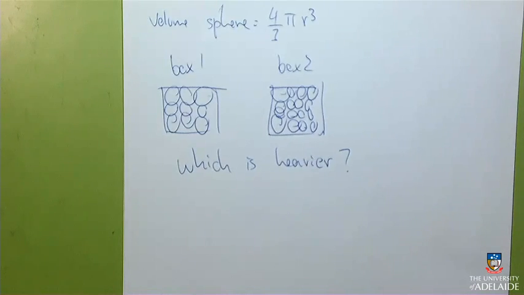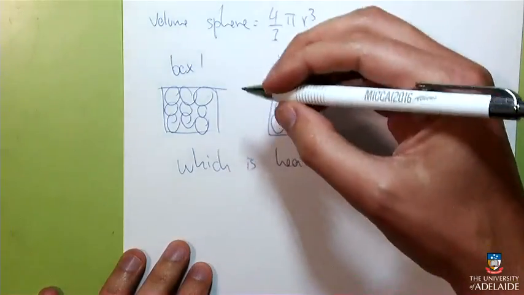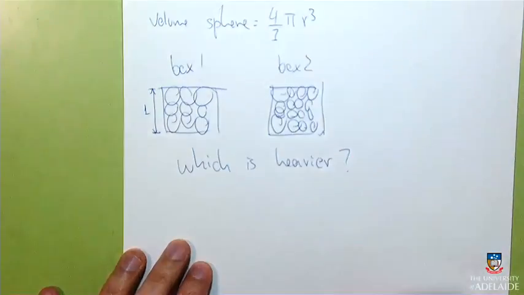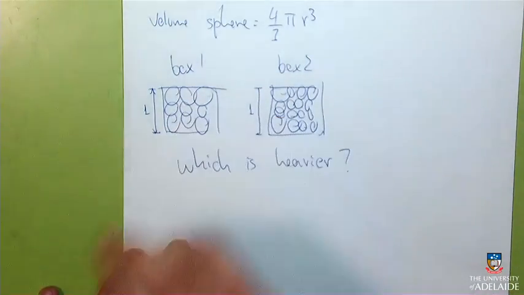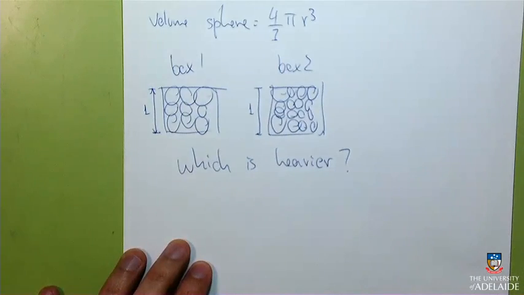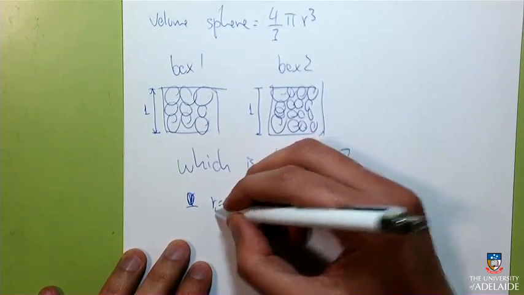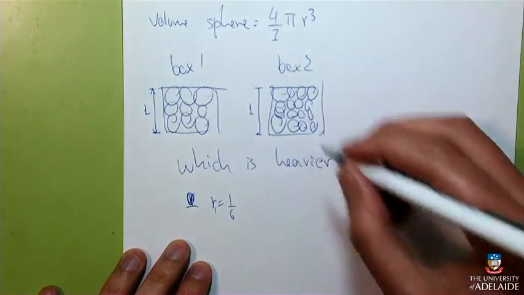How do I calculate that? The diameter of the sphere or the radius, right? Okay, so let's say this length here is 1, and same story here. The length here is 1. So then, what is the radius of the sphere in box 1? R1, let's say, is going to be 1 divided by 6, and for box 2.